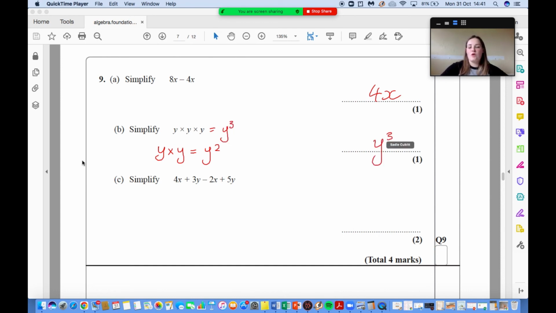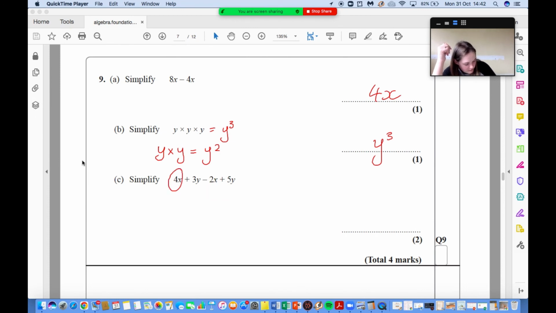And then the last one, C, is simplifying 4 different pieces of an expression, 4 different terms, in an expression. You've got 4x there, and you've got minus 2x there.